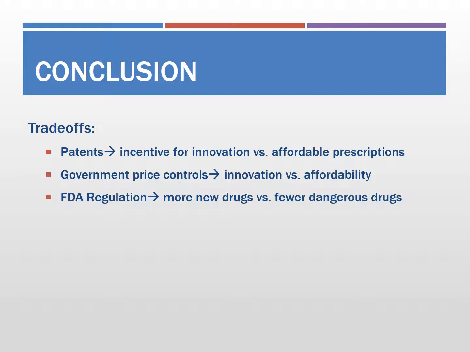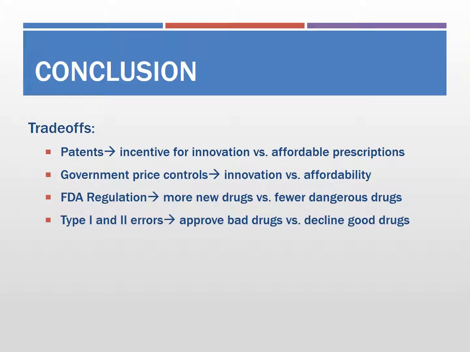So again, it's a trade-off between new drugs and fewer dangerous drugs in the markets. Type 1 and Type 2 errors are also related to the FDA regulations. Approving bad drugs versus declining good drugs are decisions the FDA, or any pharmaceutical regulator, has to make.